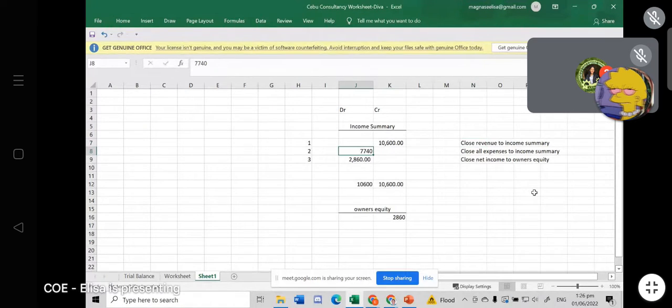In entry number 2, we close all our expenses to income summary, so we credit all the expenses and debit that to income summary. Now, 10,006 minus 7,740, what's the difference? Please compute 10,006 minus 7,740, just to check. Somebody compute, please.